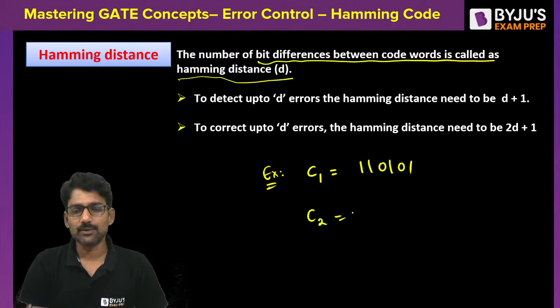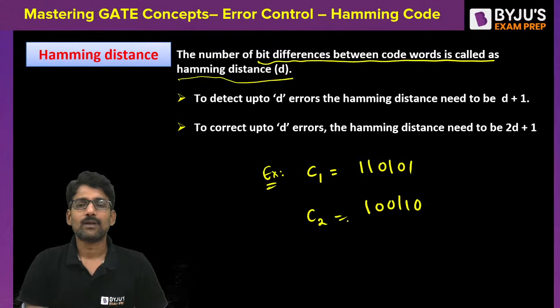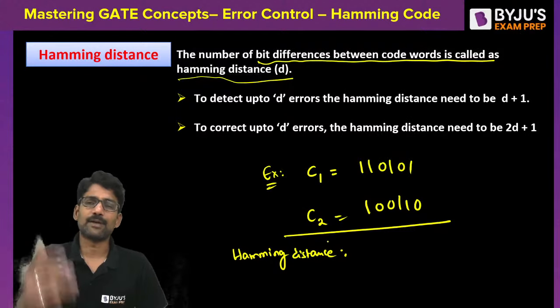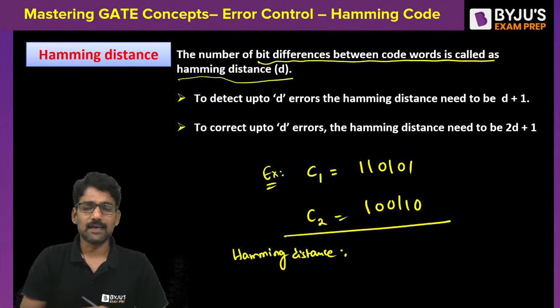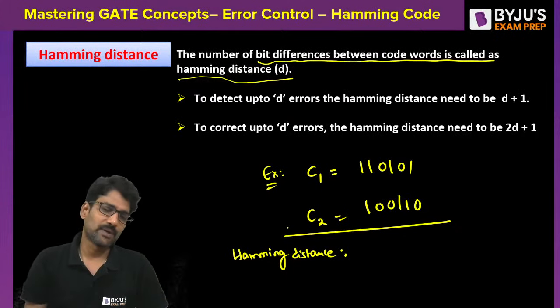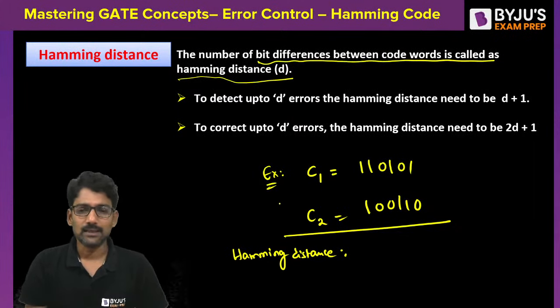Code word C2 is equal to 10011110. Now, what is a Hamming distance? How do you get? Manually, you can actually verify by how many bits they are different. But in computer programming, how you can do that?